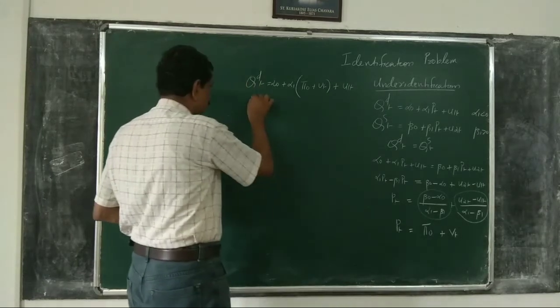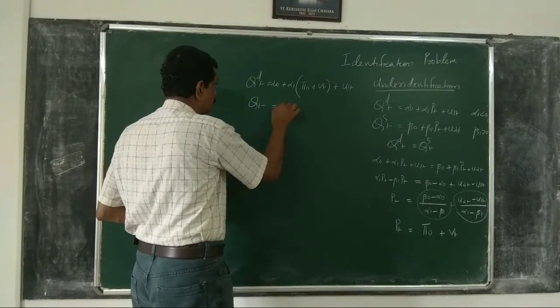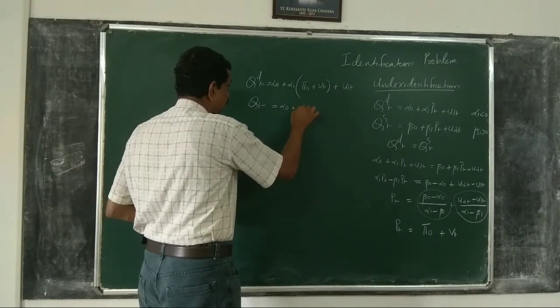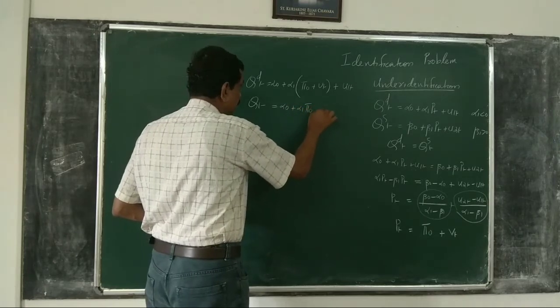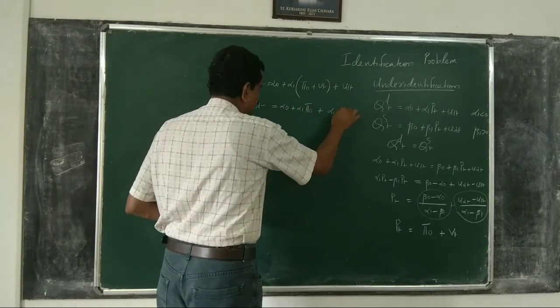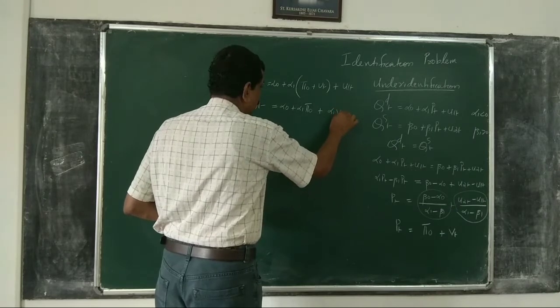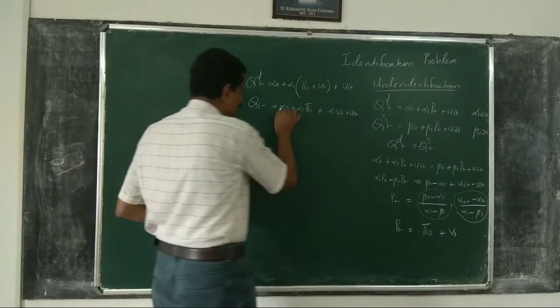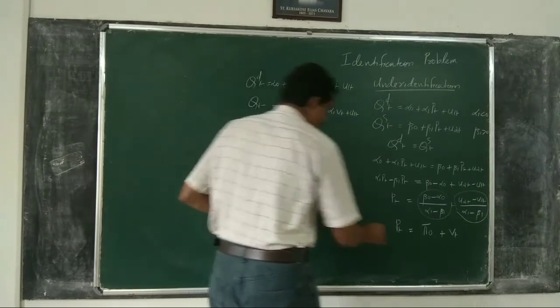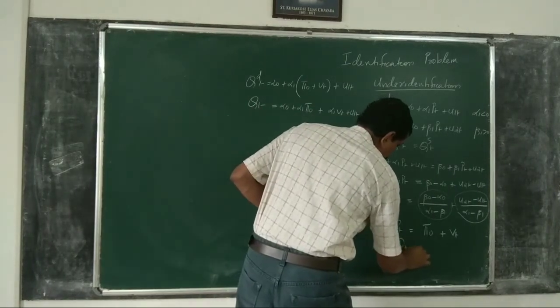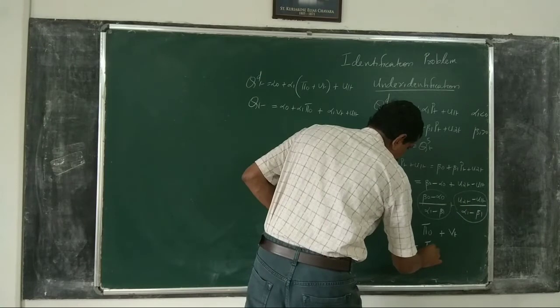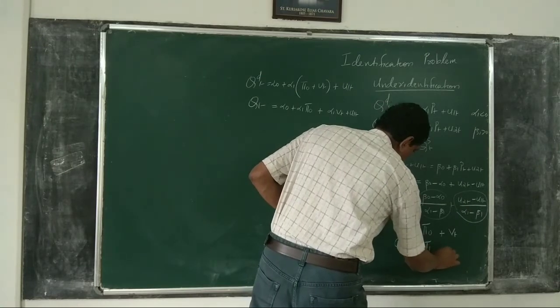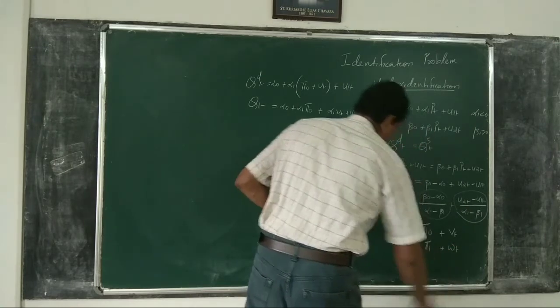That will give us the equilibrium quantity as alpha 0 plus alpha 1 pi 0 plus alpha 1 Vt plus u1t. And I call this Qt as equal to pi 1 plus Wt.